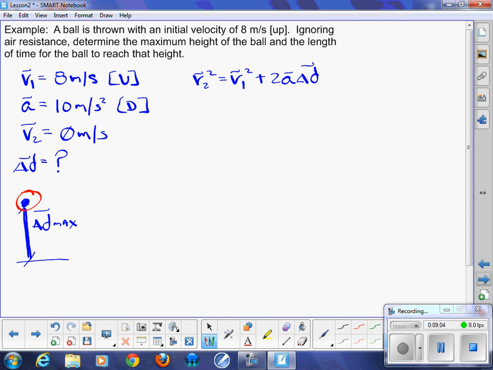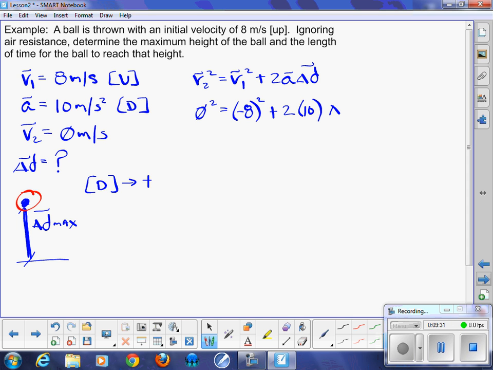V2 squared equals V1 squared plus 2A delta D. I'm going to assume, and it doesn't really matter here, down as being positive, just to change things up a little bit. So V2 is 0. V1 is going to be negative 8. And I did the substitution with brackets, just like your math teacher told you in grade 9 and 10. When you do a substitution, use your brackets. Acceleration is downward, so it will be positive.